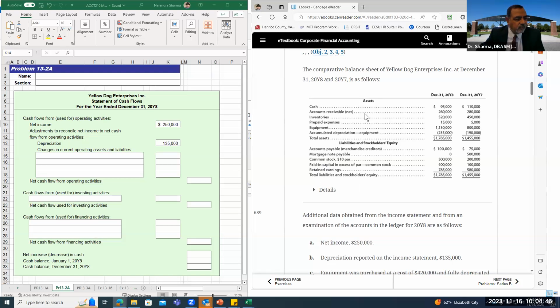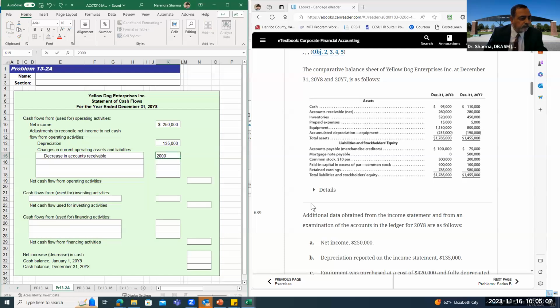Let's start with accounts receivable. It was 280,000 and 260,000, so it has decreased. That is a current asset, and a decrease in a current asset would be positive 20,000. Number two is inventory, 450,000 and 520,000.